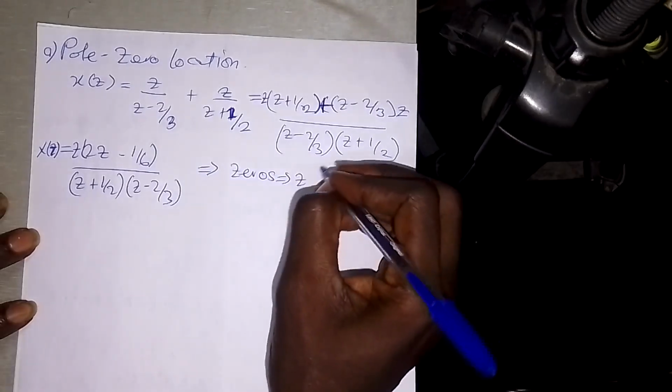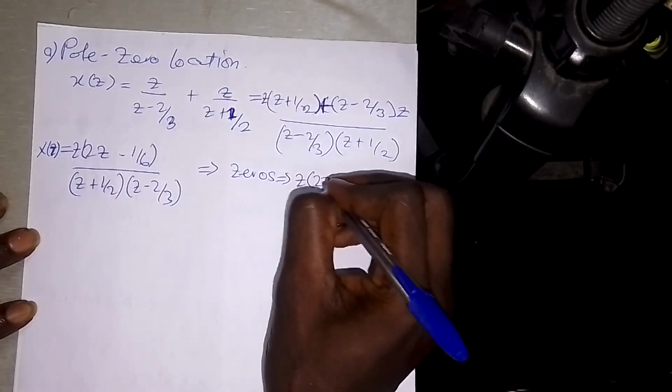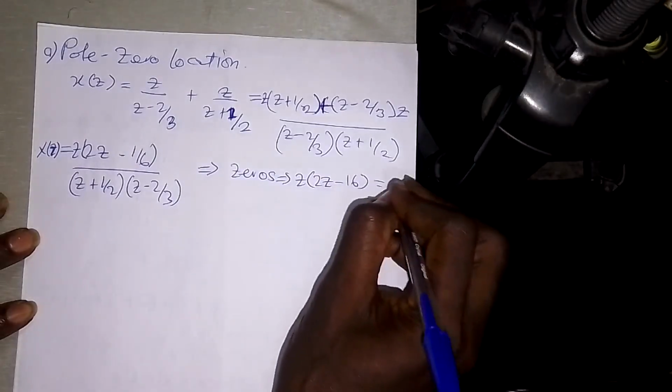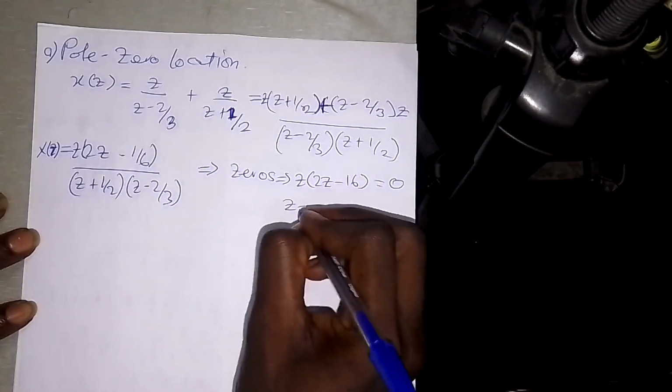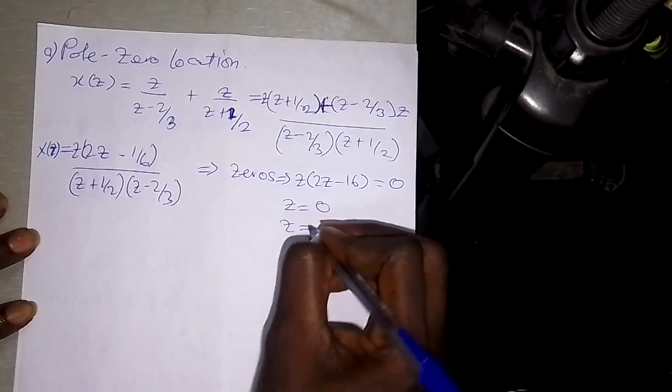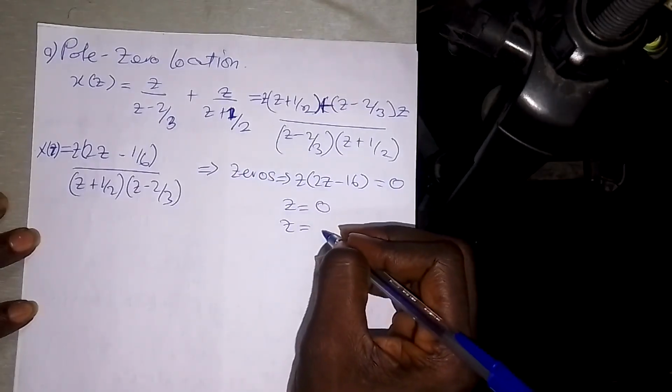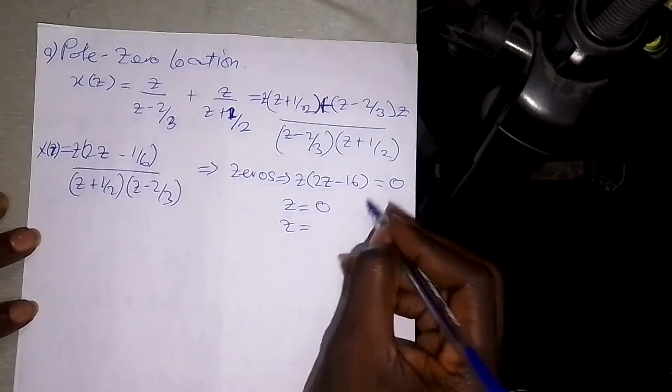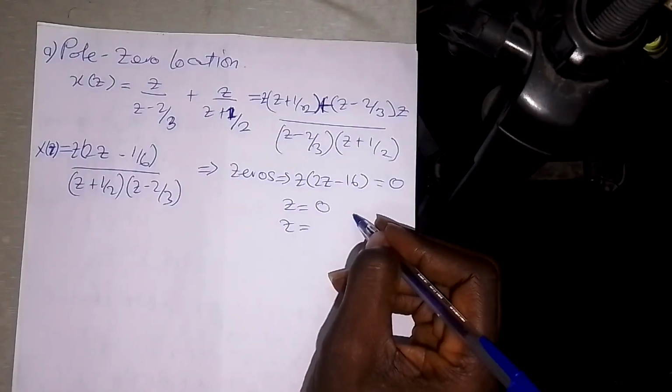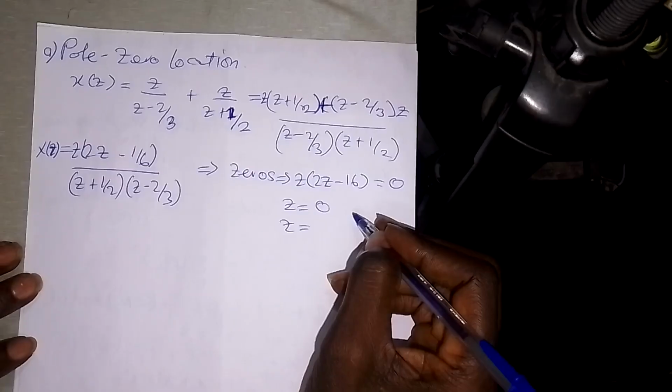So now zeros are going to be z into 2z minus 16 equals 0. So now you're going to have z equals 0, and z equals positive 16 over 2. So basically, what are you going to have over there?